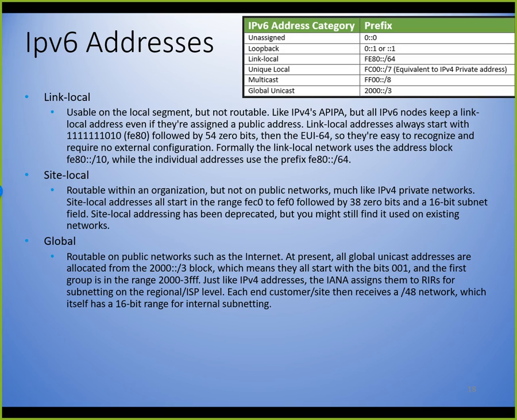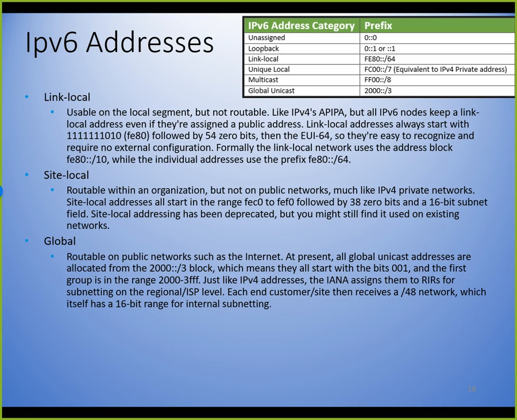Site local, if you want to set up addresses within a site, you can do that. They're routable within an organization, but not globally routable. The global routable address, the 2000, that was my 2605 address, is routable on the internet.